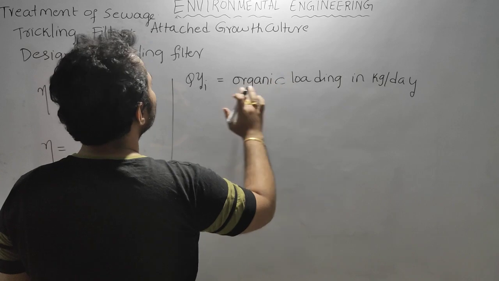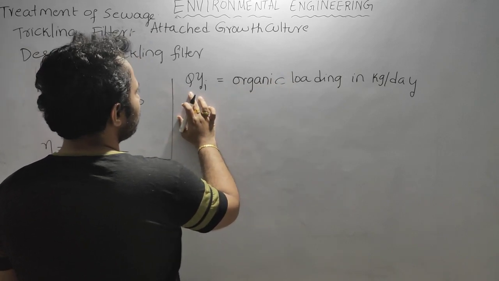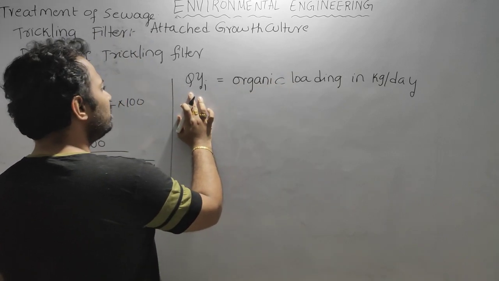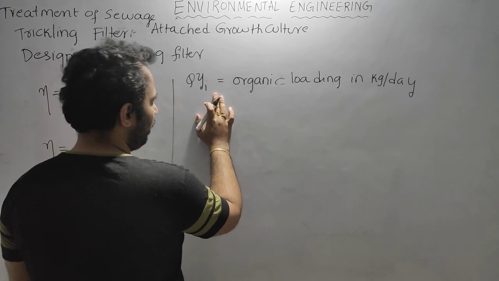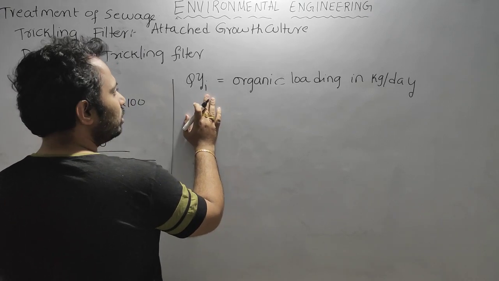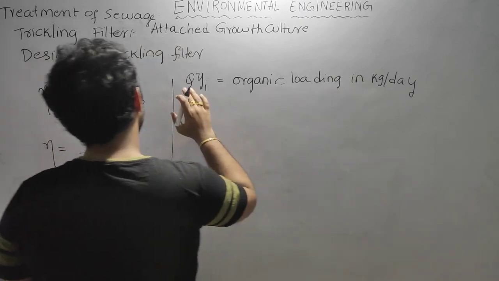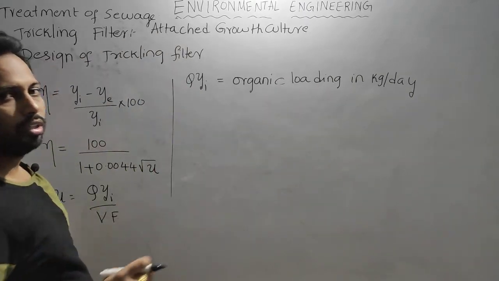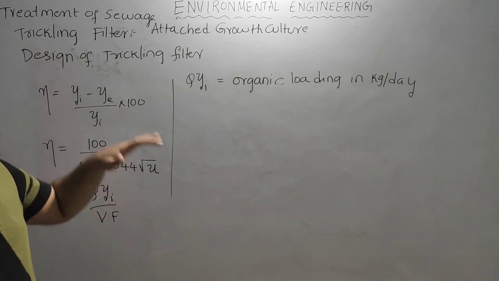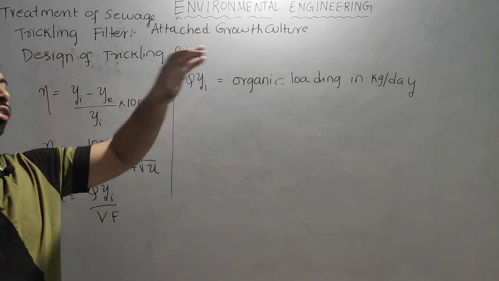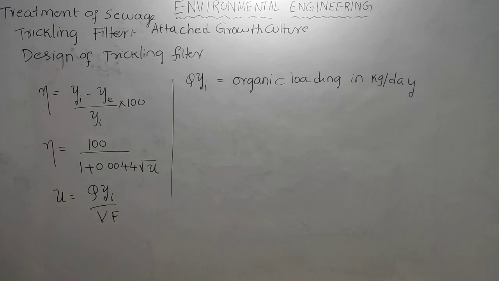Q is the discharge flow rate in liters per day, and Yi is in mg per liter, giving kg per day. Whatever unit they give for the rate of flow and for Yi, the BOD inlet, you need to convert them so that you get Q into Yi in kg per day.